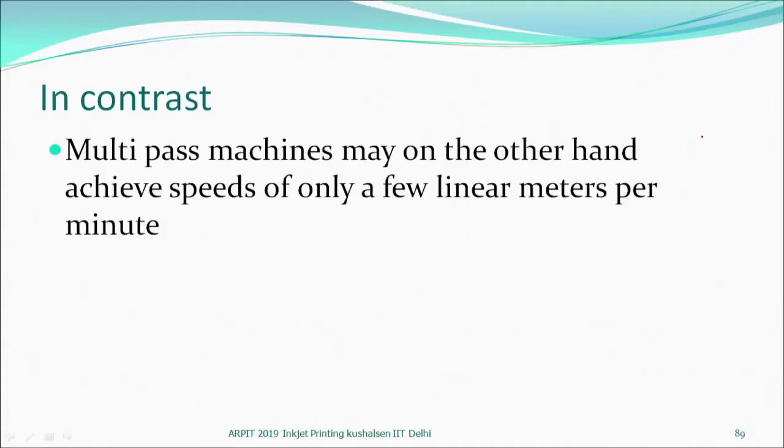In contrast, of course, multipass machines where both the head and the fabric are moving, achievable speeds are approximately a few linear meters per minute, all right. Therefore, it is slow, but for batch processes, piece good printing, t-shirt printing, that's the kind of speed that is good enough.